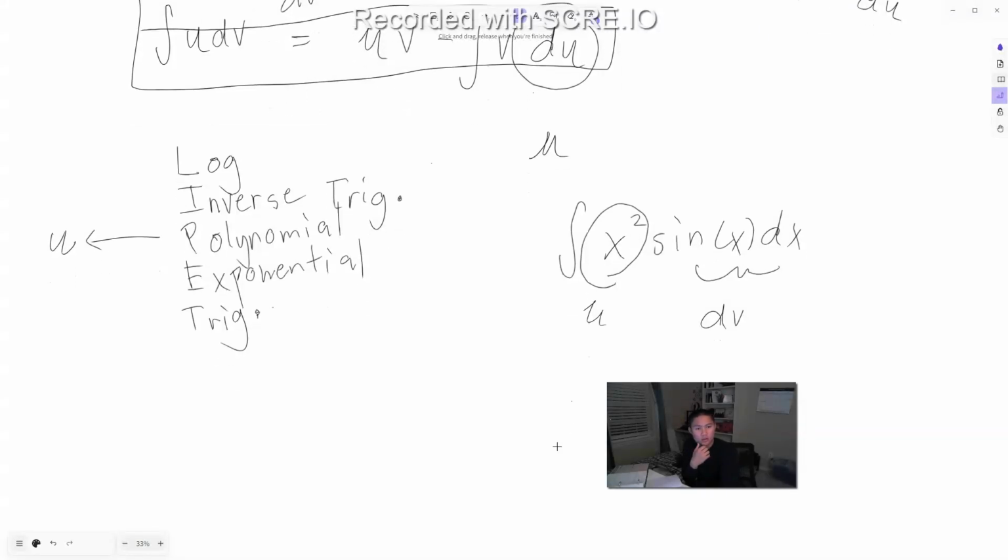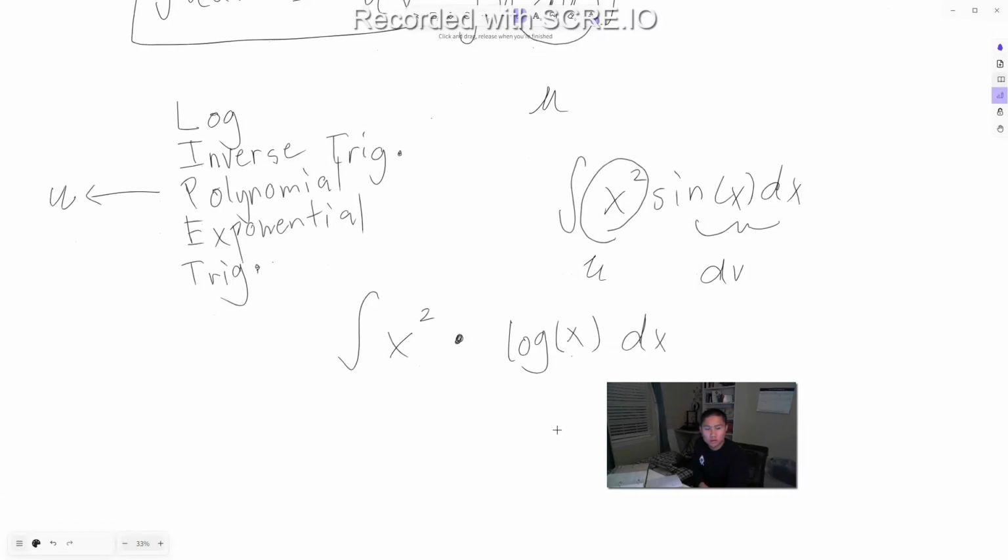Think about this. If we have x squared times log of x dx, for this, u will be log of x.